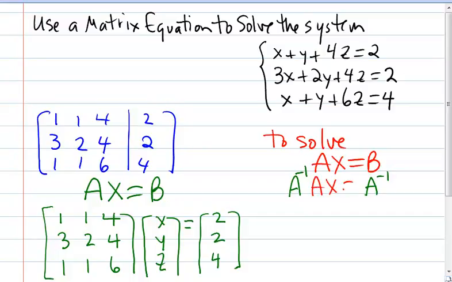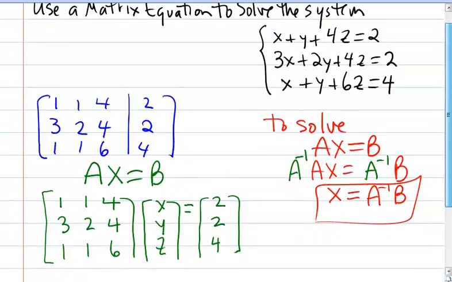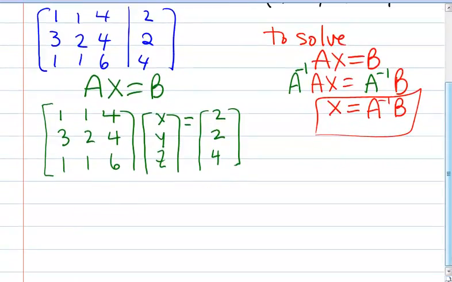A inverse times AX, A inverse times B. And I have just X alone on the left, and my solution, A inverse B. So this involves finding the inverse for my matrix A, which is given here, and then multiplying the matrix B by that inverse. So with my matrices A and B, here's what it looks like.